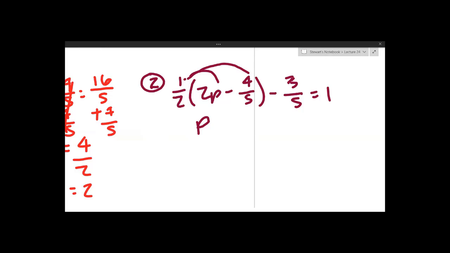The 2 factors into 4, so you'd have 1, and this would become 2. So it would become 2/5.